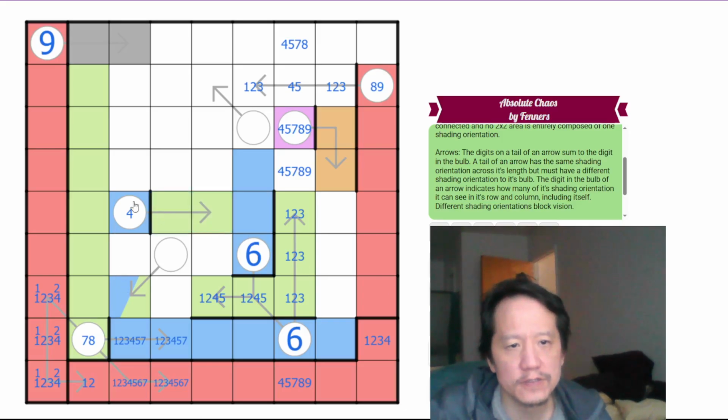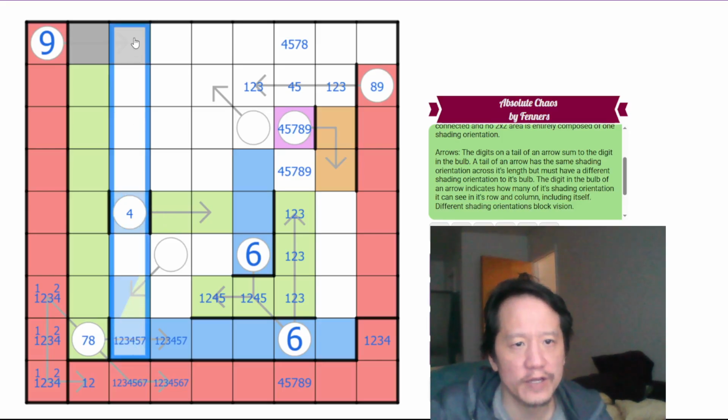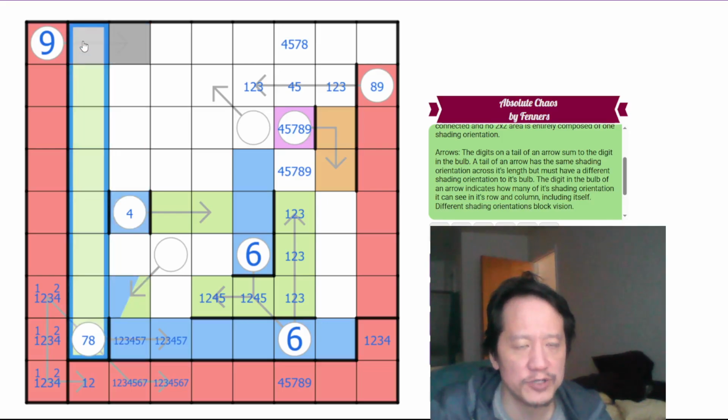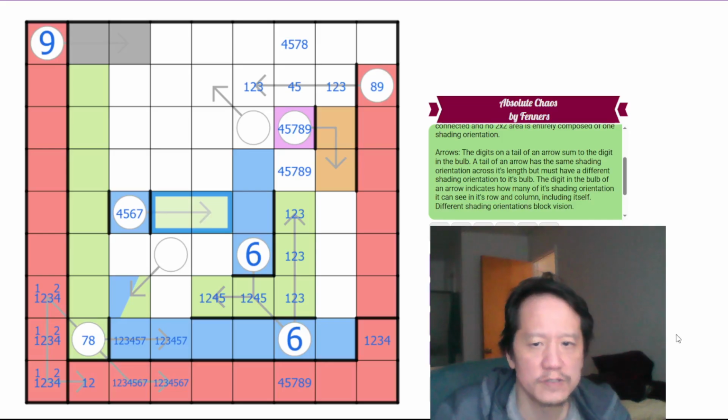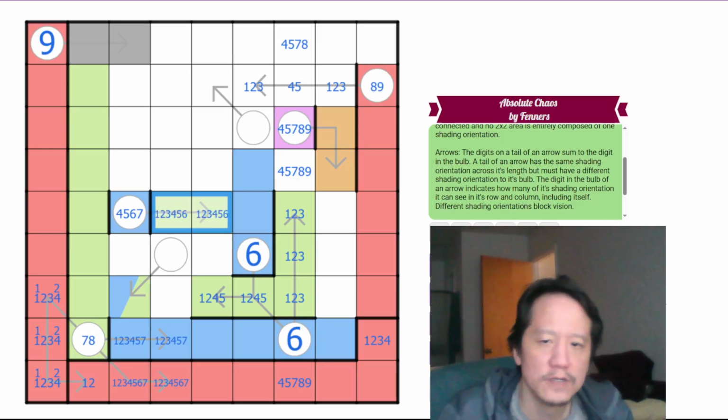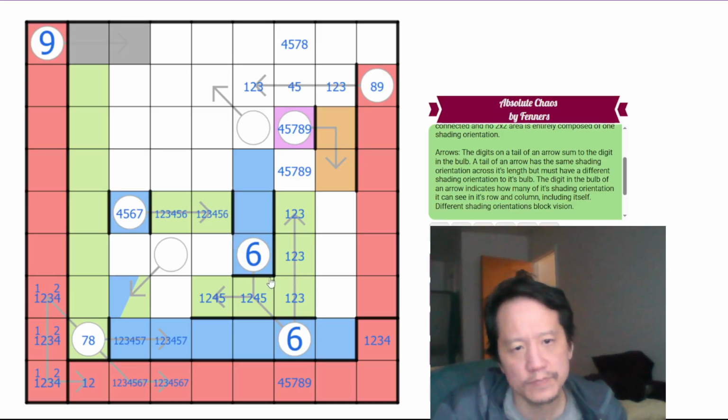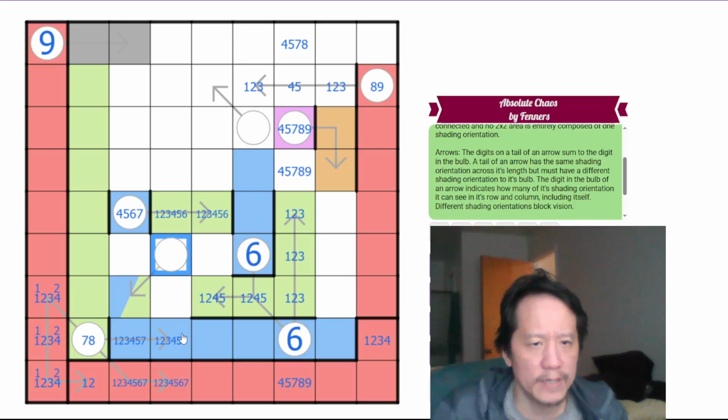So this is another region. This cannot be the full 8, because if it's full 8, this is not a region by itself. So this is 4, 5, 6, 7 as possibilities, which makes this 1 through 6. This then has to be a separate region here. We don't know which way it goes.